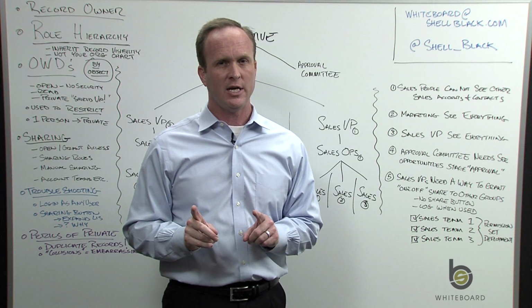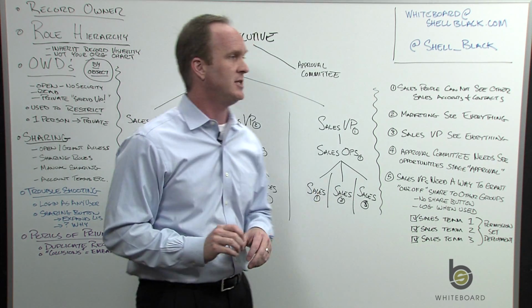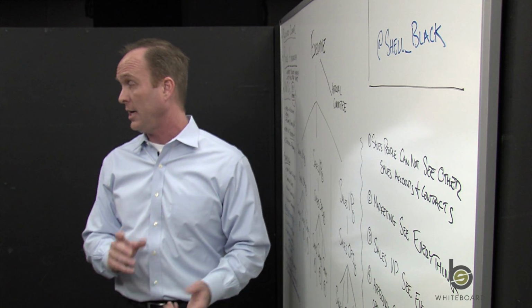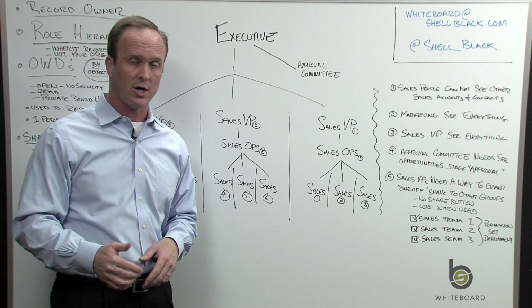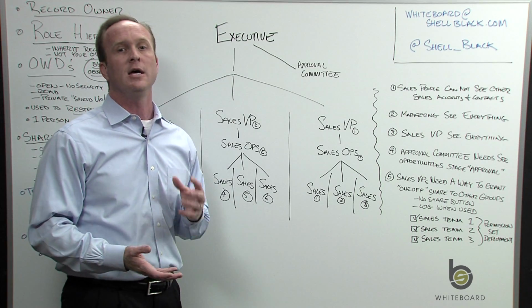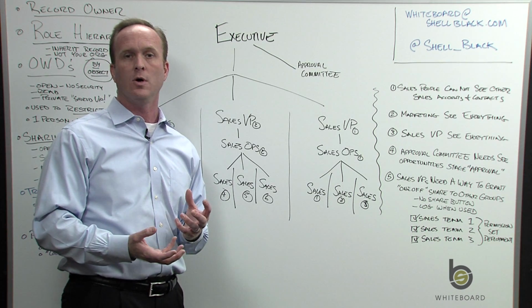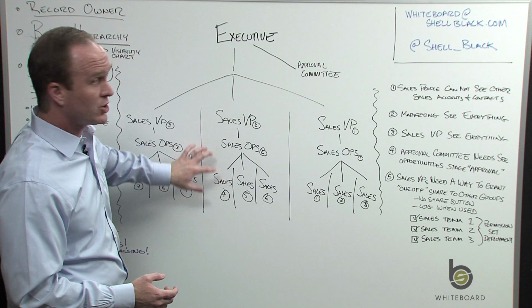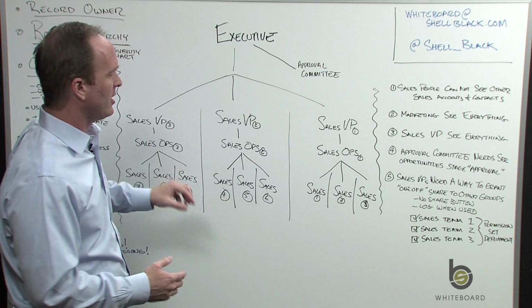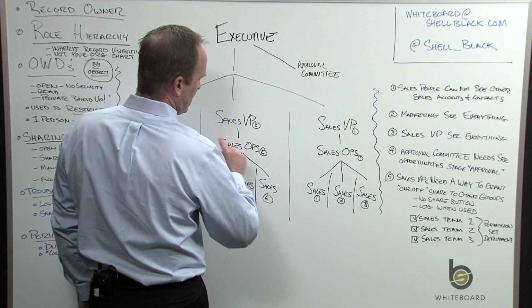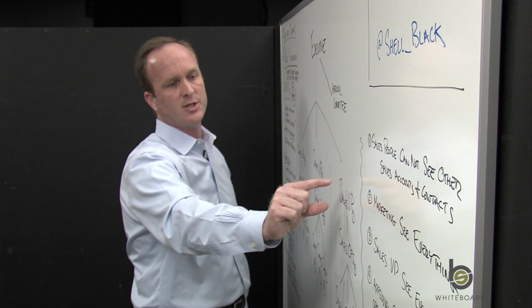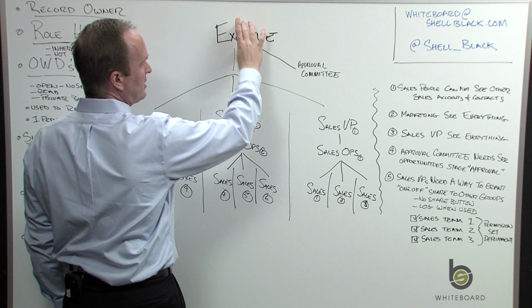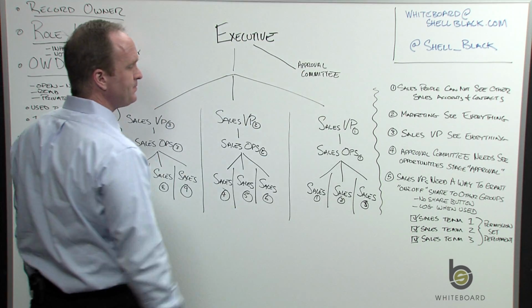So first thing I need to do to set the stage for this is talk about our role hierarchy. Not necessarily the org chart as we talked previously. The role hierarchy is one of those vehicles that we can use to grant access. So every level of this org chart looking chart is really the role hierarchy. So we have a sales role, a sales operations role, a sales vice president role, an executive role, and an approval committee.